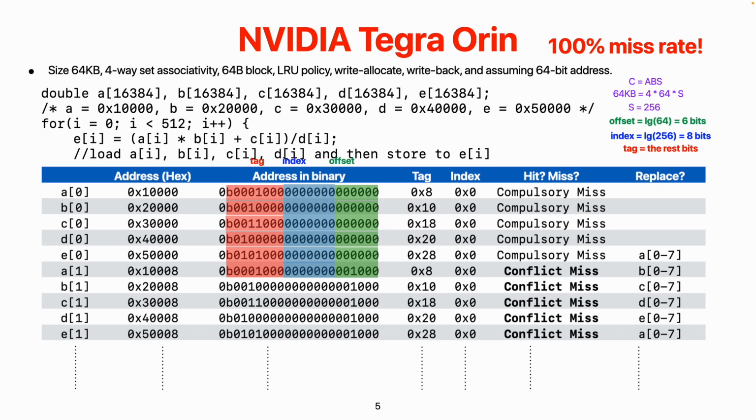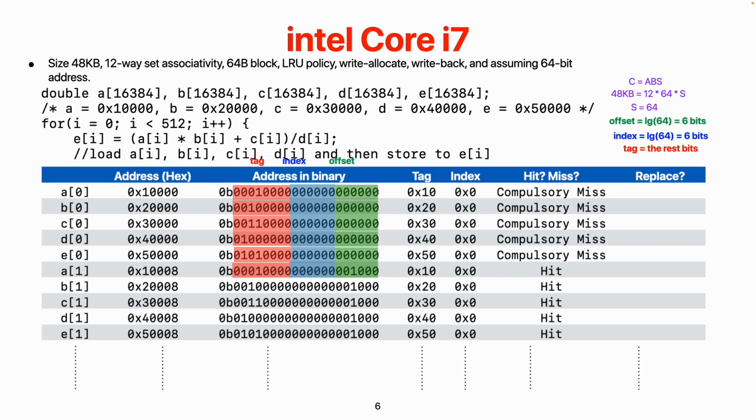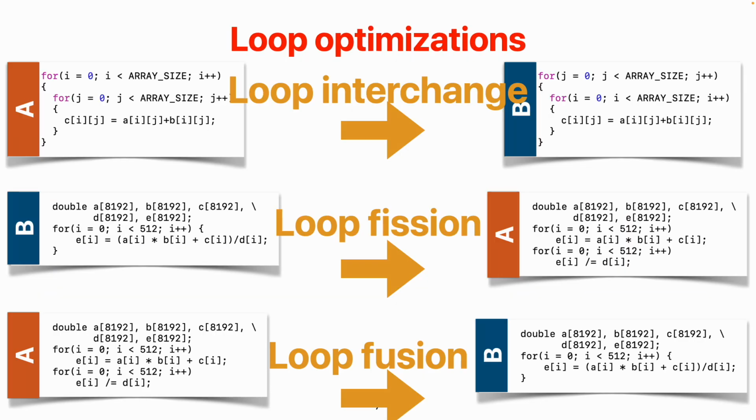We ran through an example last time, and we know that for this kind of cache, we have a majority of conflict misses. If you have a cache with more ways of associativity, then you are less likely to see conflict misses, but you still have compulsory misses. To address conflict misses, first of all, to improve the access pattern so that we have more hits instead of a lot of misses, we can do loop interchange.